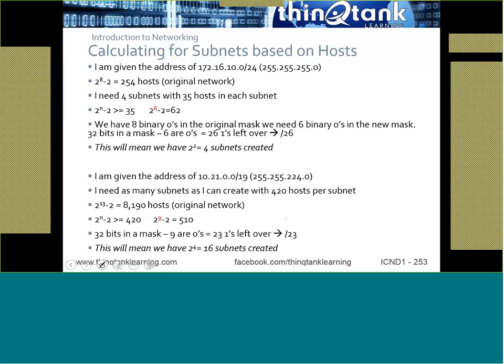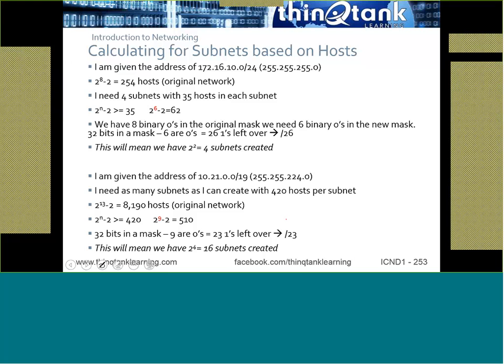When you're talking about subnets, n represents the number of borrowed ones. When you're talking about hosts, n represents the number of zeros. If you can keep that straight and simply remember the formula, 2 to the power of n or 2 to the power of n minus 2, you can do those other two calculations.